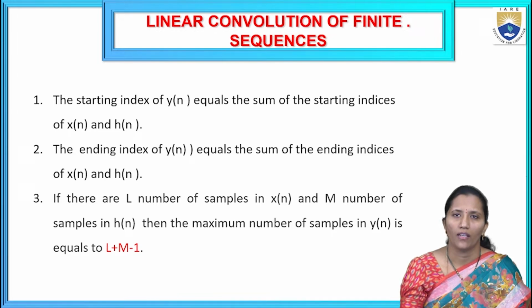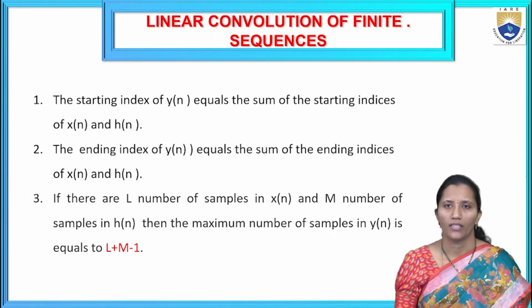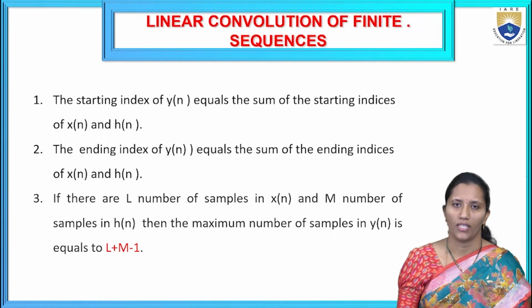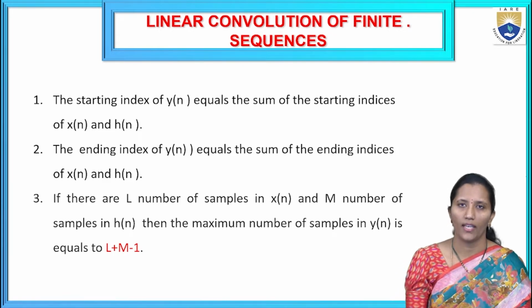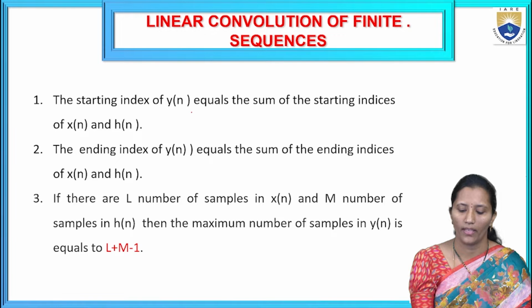So how to find the starting index of the output sequence y of n? See here, the starting index of y of n is equal to the sum of the starting indices of x of n and h of n.